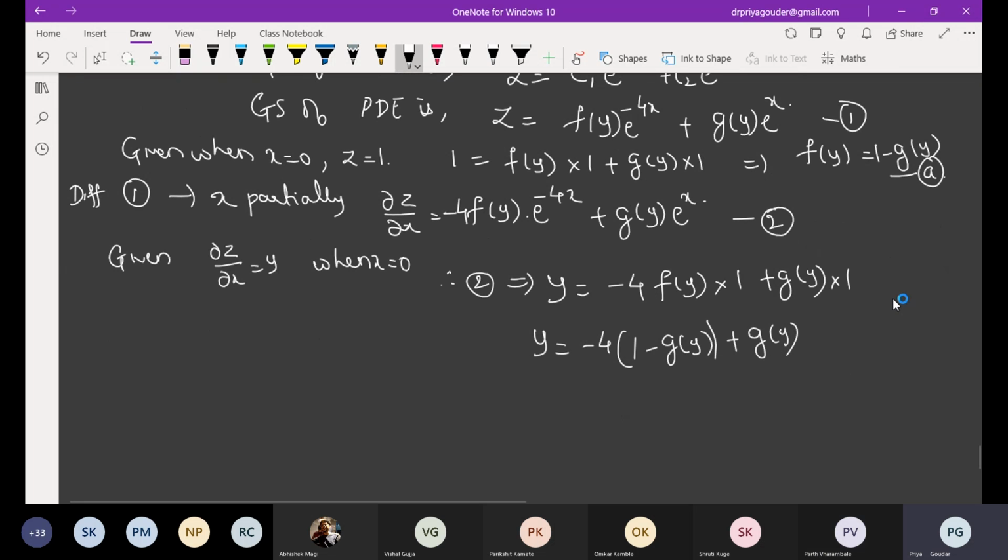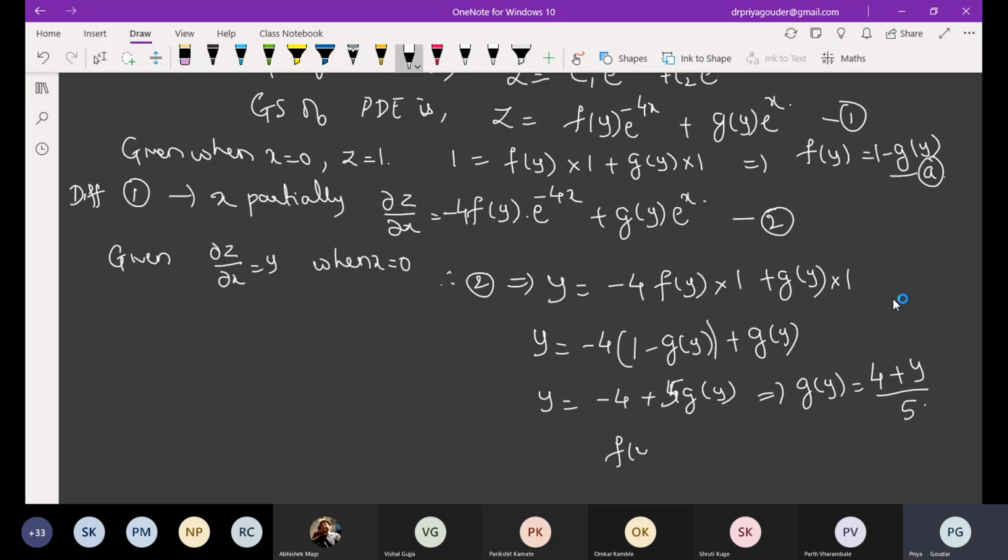Simplify: y equals minus 4, minus into minus plus 4, plus g of y, so plus 4 plus 1 is plus 5 g of y. So what is g of y then? First transfer minus 4, it becomes plus 4. 4 plus y, then divided by 5. g of y is 4 plus y divided by 5.